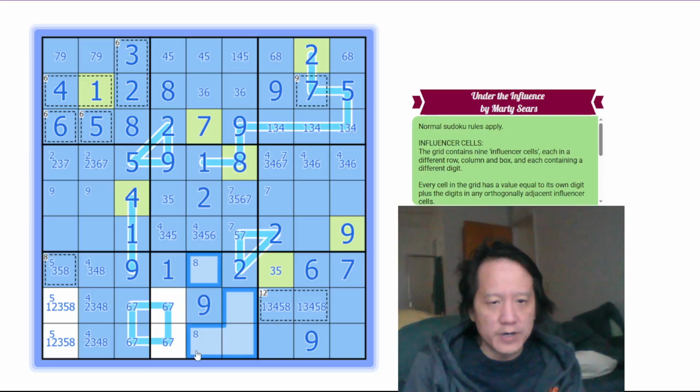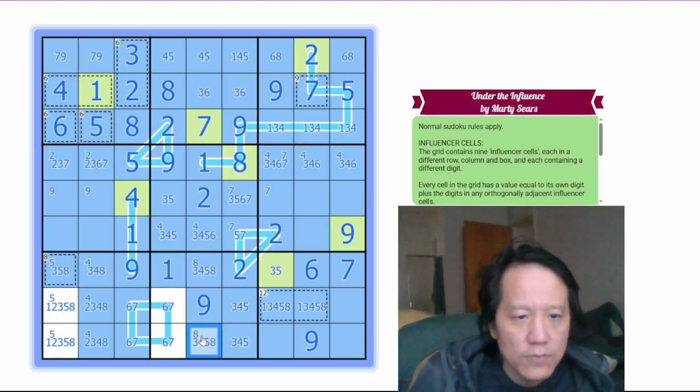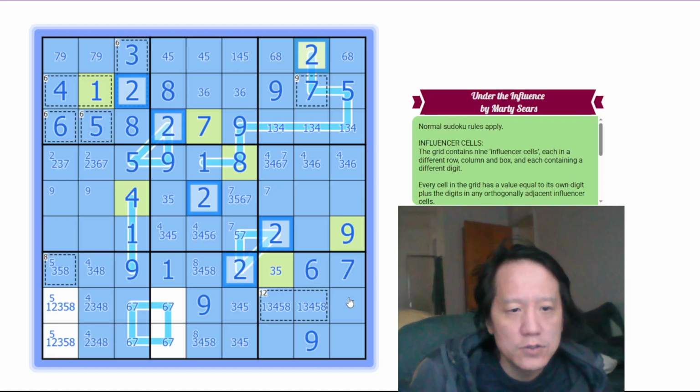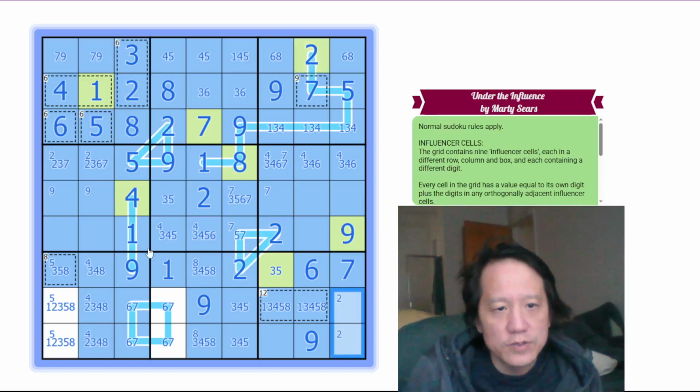Remaining digits in box 8 then are 3, 4, 5, and 8. 8 cannot be here. 2 has to be one of these two here.